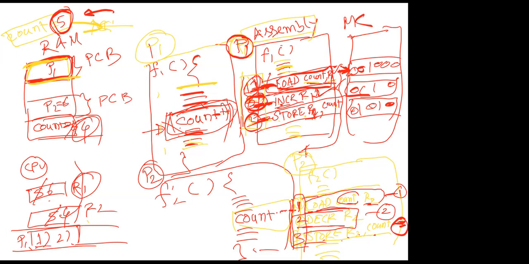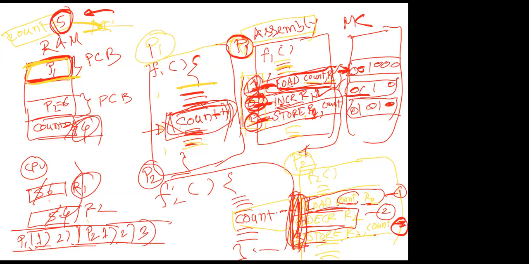Next, process P2 gets the CPU and executes all 3 lines: 1, 2, and 3. At first you load the count to R2.